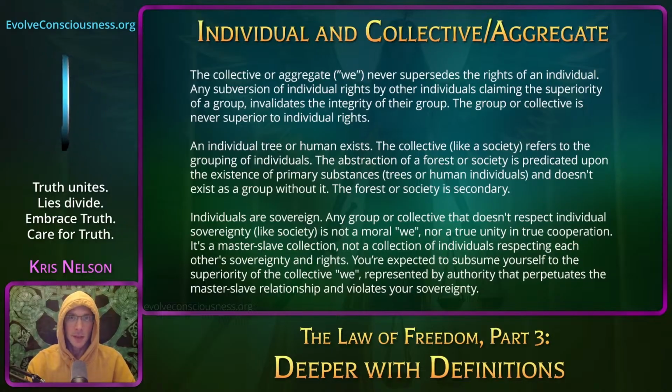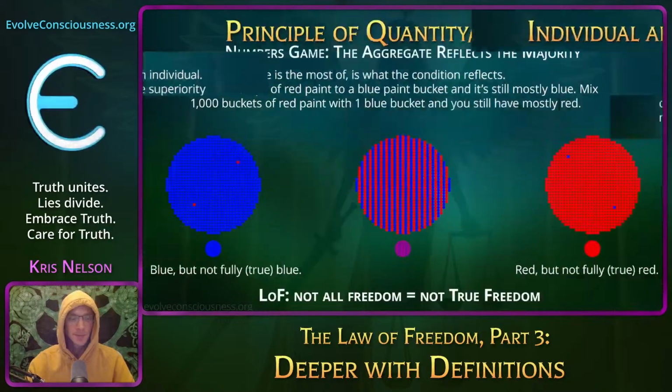It's a master-slave collection, an aggregate of master-slave relationships, not a collection of individuals respecting each other's sovereignty and rights. You're expected to subsume yourself to the superiority of the collective we, represented by authority that perpetuates the master-slave relationship and violates your sovereignty.